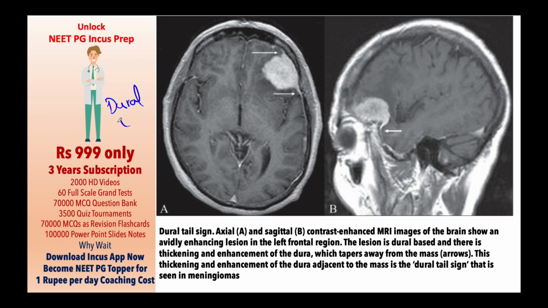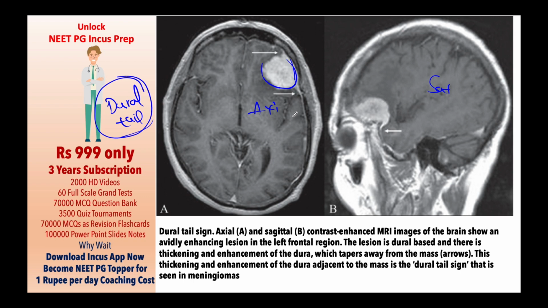Now, what is this called? Dural tail sign. This is the axial and sagittal contrast enhanced MRI where you are able to see in the frontal lobe area an enhancing lesion, and the lesion is based on the dura.